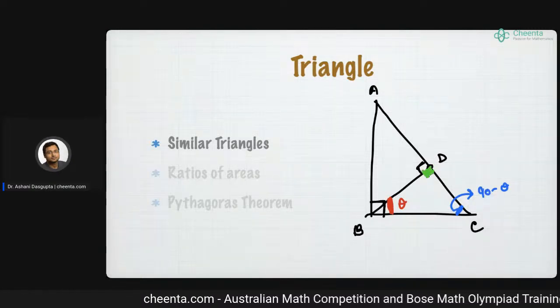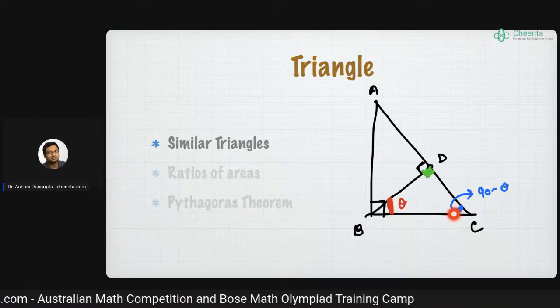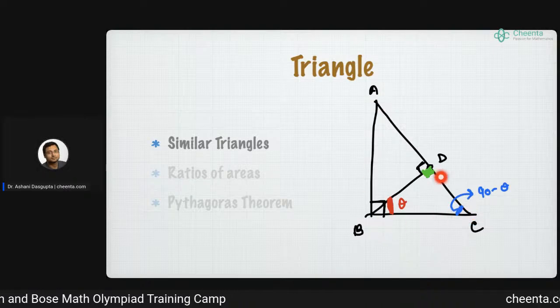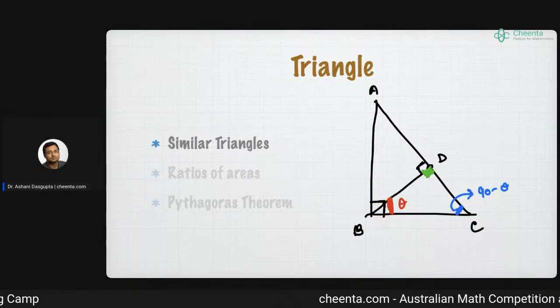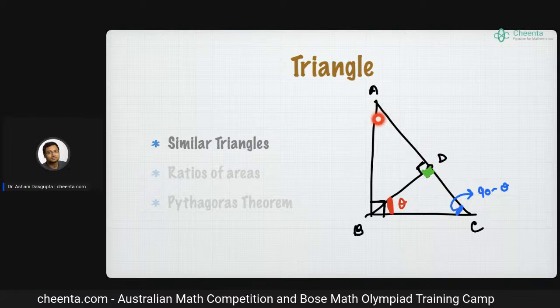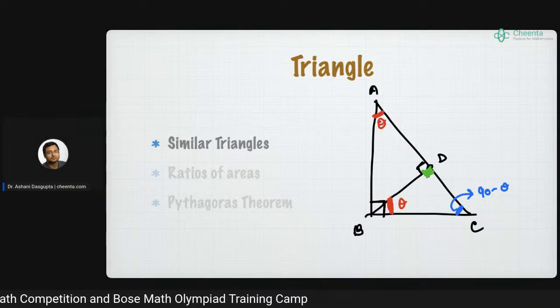So if this red angle is theta, then this must be 90 minus theta. But if this is 90 minus theta, you can now look at the big triangle. In the big triangle, we have a 90 degree angle and this is 90 minus theta. So what do you think this angle will be? Angle A. That has to be theta, right? So this is red, this is theta.